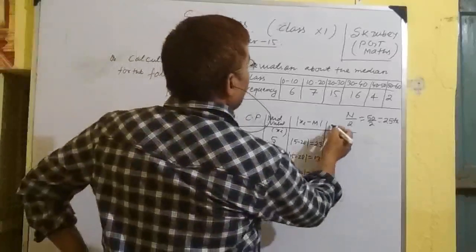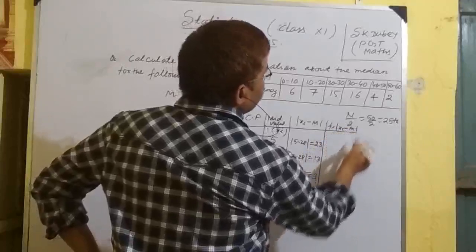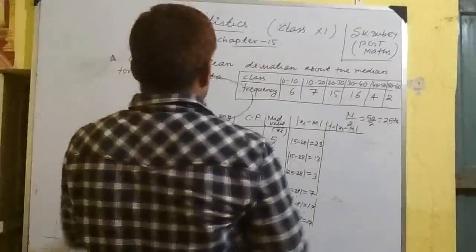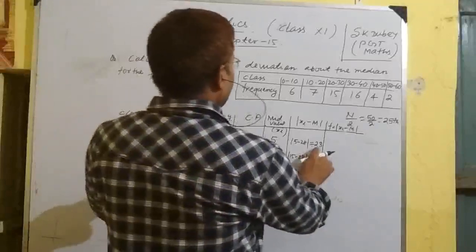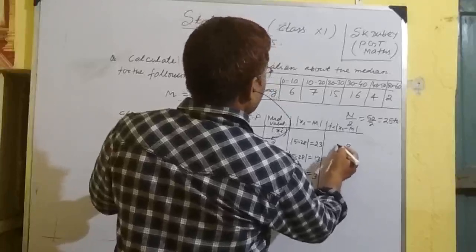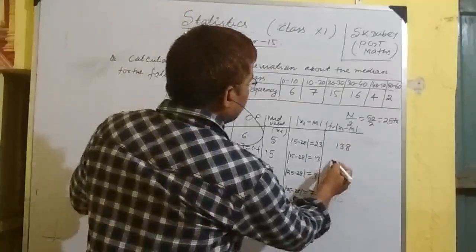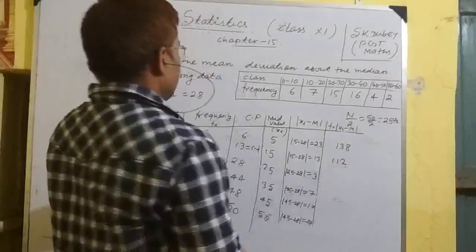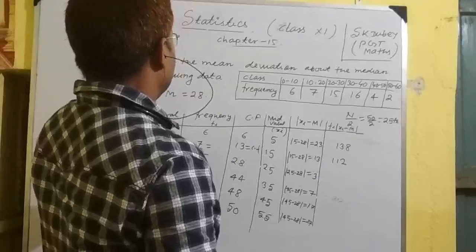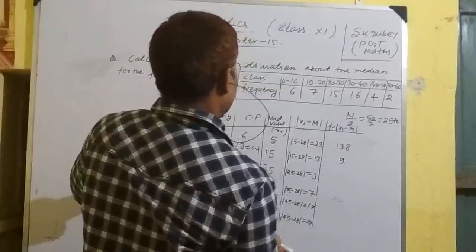Now we will calculate fi times the absolute deviation of xi minus M. The frequency 6 into 23 is 138. 7 into 13 is 91.